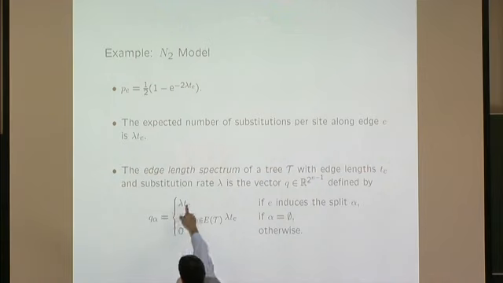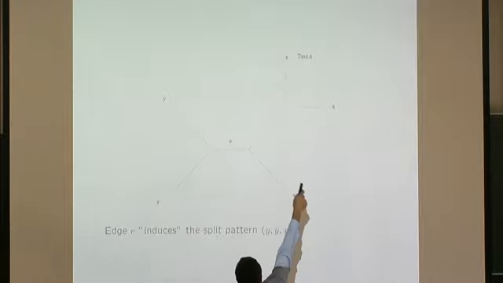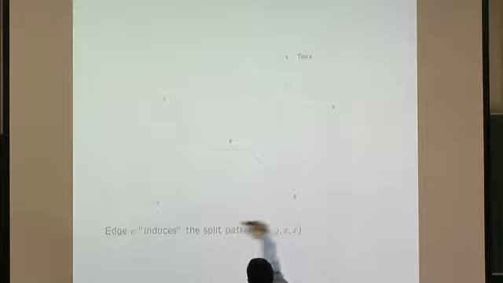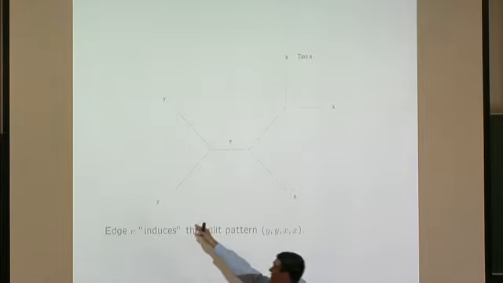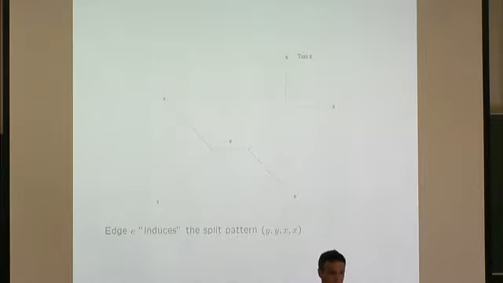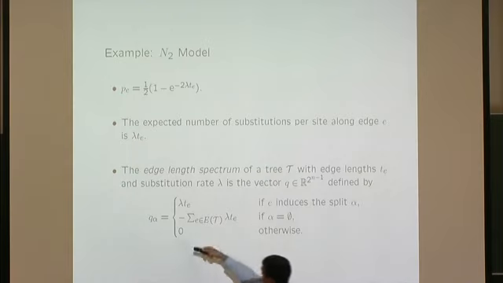And q_alpha will take the value lambda t_e if there's an edge that induces the split pattern. What I mean by inducing a split pattern is, for example, here I've got a split pattern XX or YYXX, and there's an edge e in between, which when I cut this out, these guys are all in a connected component, they have the same character, and these guys are all in another connected component. They have the same split pattern. Then e induces the split pattern. Of course, there are only very few split patterns that are induced by edges, so this vector has a lot of zeros.